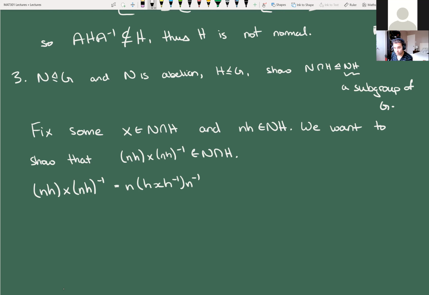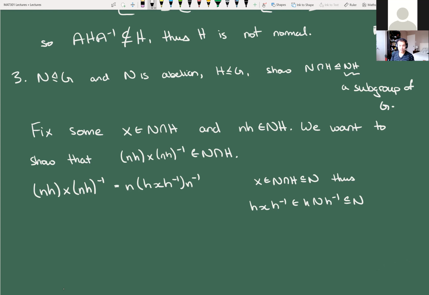I've written this very suggestively, because since x is in N intersect H, in particular it's also in N. So that means that h x h^-1 is in N, since N is normal. Does everyone agree with that?